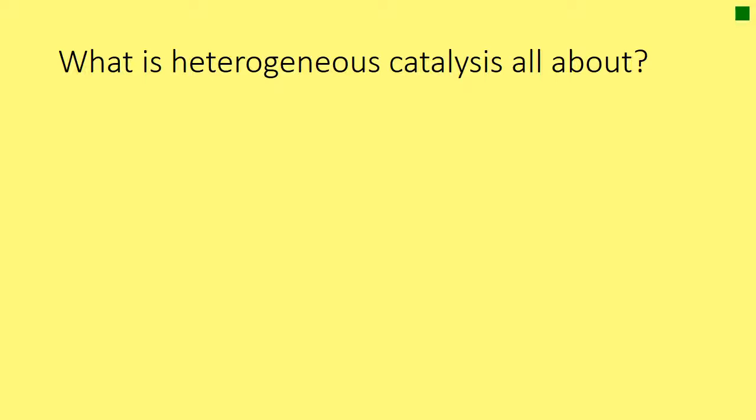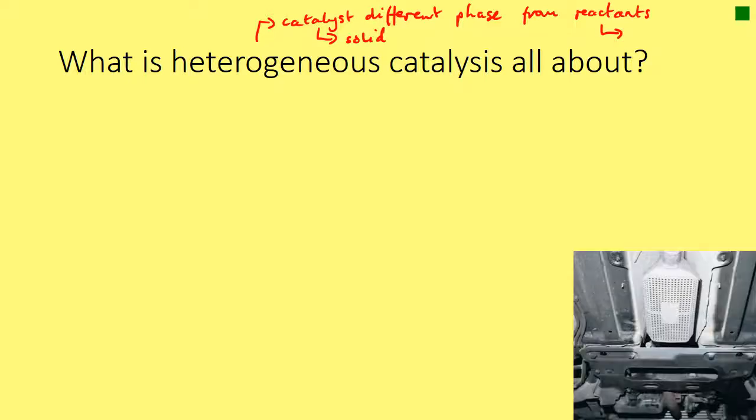So there's two types of catalysis. There's heterogeneous and homogeneous catalysis. Heterogeneous catalysis, let's define that, and that is when the catalyst is in a different phase from the reactants. And usually the catalyst is the solid and the reactants are gases.